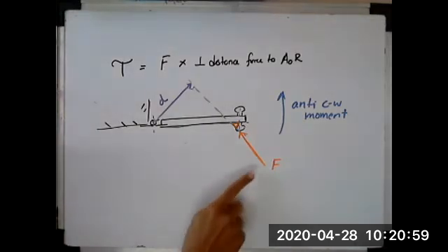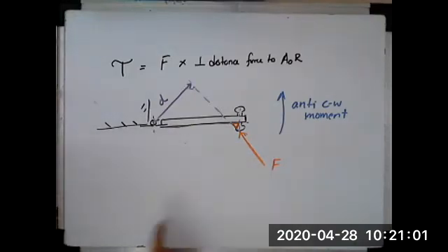So I want to figure out how to resolve this force into two components in such a way that there is at least one force that is going to help us do the work that we want done, which is to open the door, which is to swivel the door or the window, whatever this is. Okay, so how will you do that? Any suggestions?